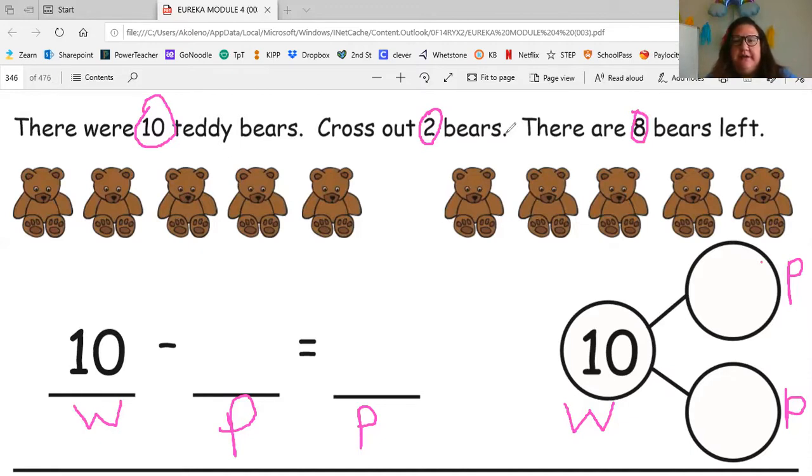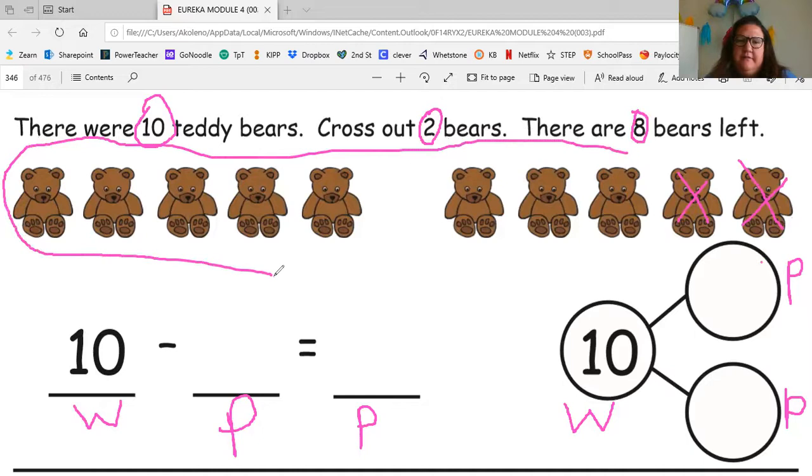There were 10 teddy bears. Cross off 2 bears. There are 8 bears left. I'm going to cross off 1, 2 bears and show that there are how many left? Right. We know this is 5. 1, 2, 3, 4, 5, 6, 7, 8 bears are left.